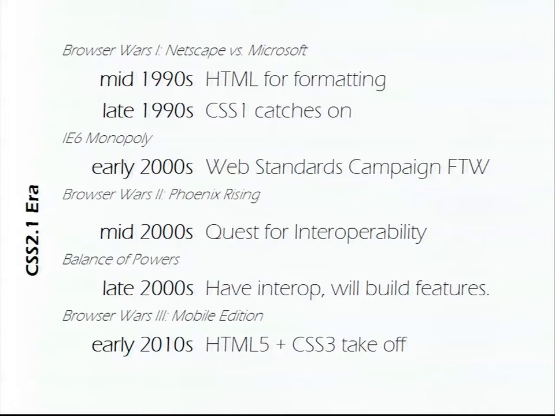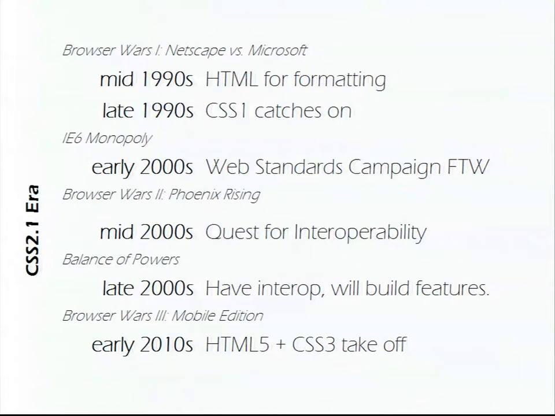So anyways, while this was going on, we have the browser wars 1, which was Netscape versus Microsoft, and that's when CSS was catching on. And then Microsoft won, and we had the IE6 monopoly for a long time. And what was going on as the web design community was struggling with how to create layouts using floats and abspos was the CSS Working Group was working on CSS 2.1.